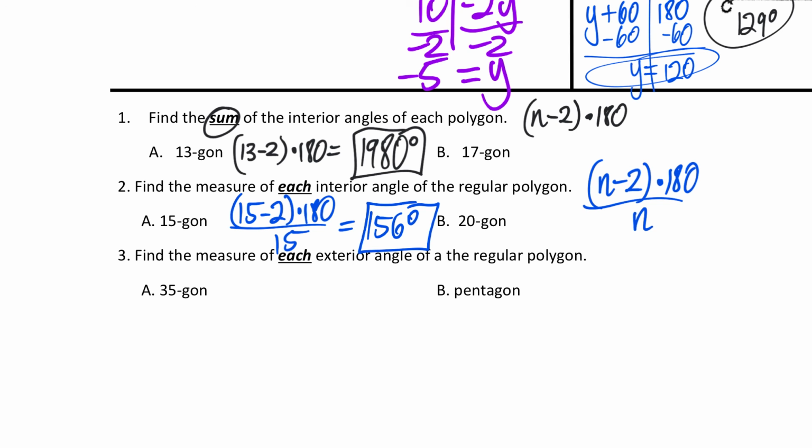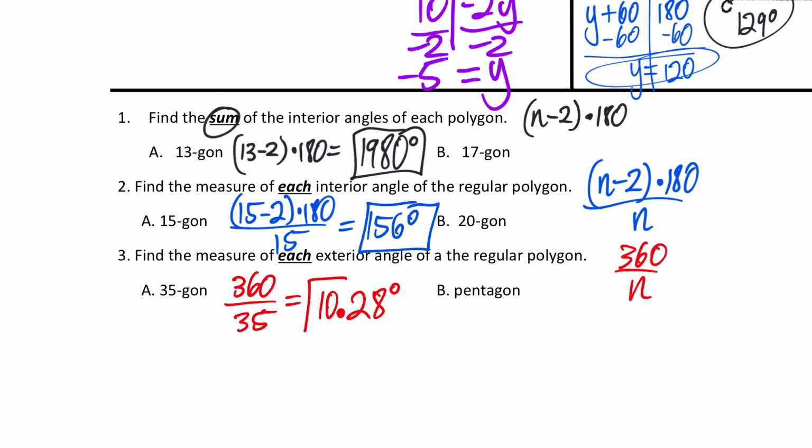And then on the last one, find the measurement of each exterior angle of a regular polygon. So this is 360 divided by n. On this one, 360 divided by 35. This gives you like 10.2 what? 28. Yeah, 10.28 degrees.